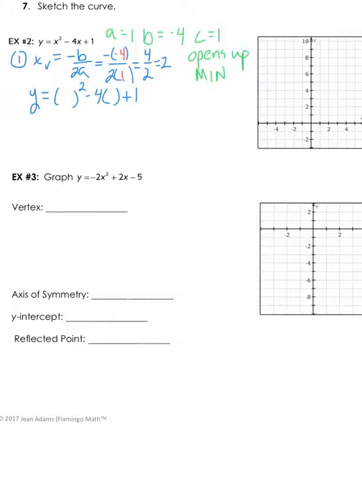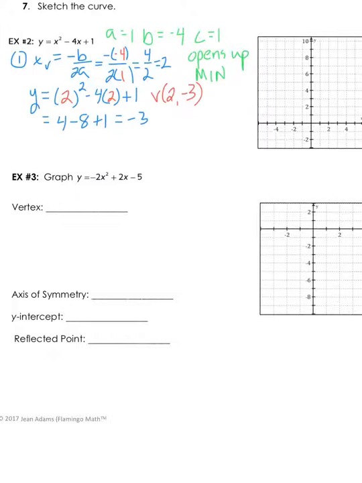So that 2 that we just got goes here and here. And then that gives me 4 minus 8 plus 1. The 4 and the 1 is 5. 5 and a -8 is -3. So now I know that my vertex is 2, -3.